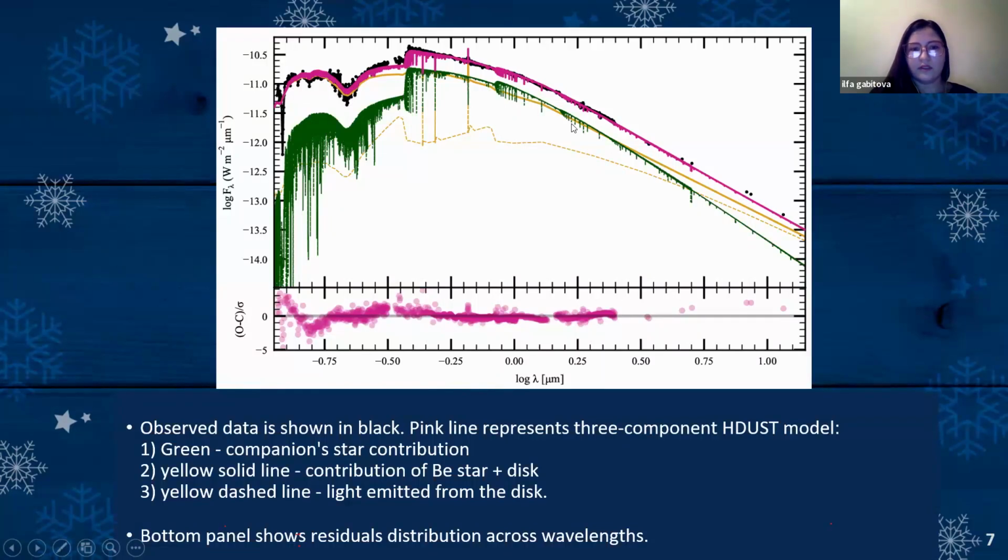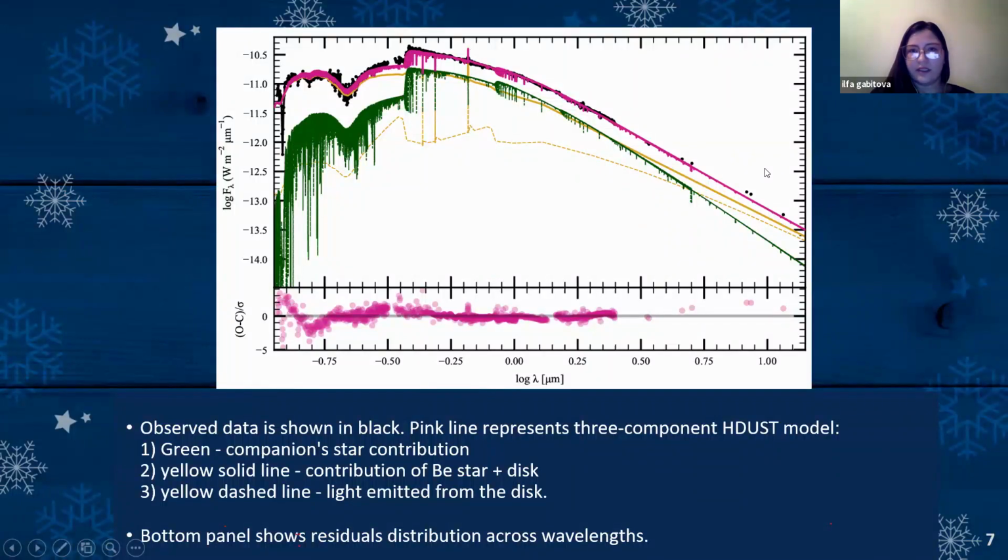It includes the contribution from a companion star, shown in green, and the B star plus circumstellar disk, shown in the yellow solid line. I also show the light emitted from the disk as a yellow dashed line.